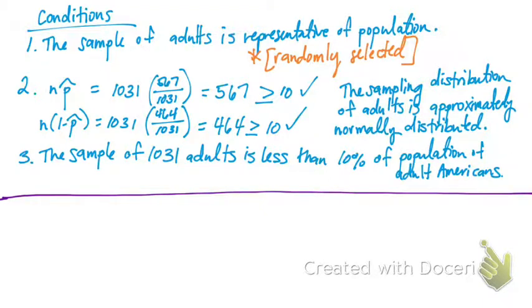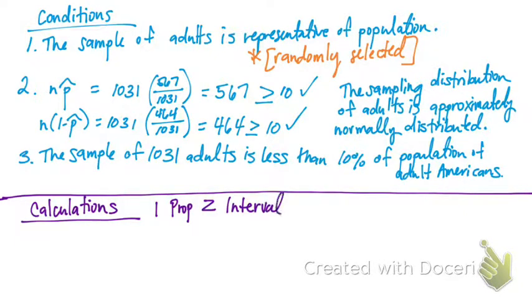So that's step 1. Step 2 is calculations. The first thing that you do is you name the test. The name of this test is a 1 proportion Z interval, 1-PropZInt.